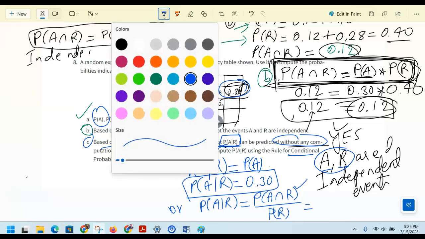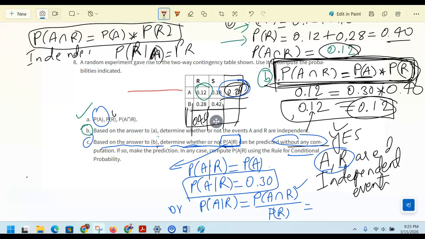So this one, A and R, is this one. See? So 0.12. And R is right here. This is the total of these two. This together is 0.40. That is probability of R, so it is 0.40.